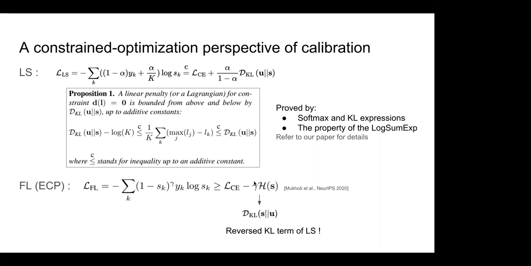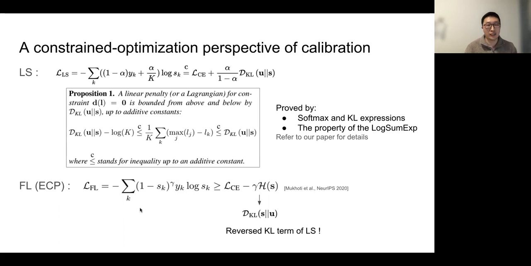And has anyone tried to directly optimize the expected calibration error, like using some sort of meta learning objective or bi-level objective? There should be some work that directly optimizes calibration, right? Do you mean directly regularizing the probability?